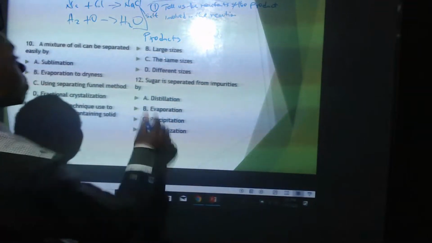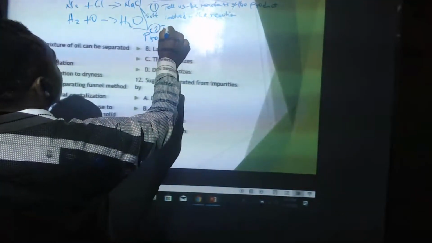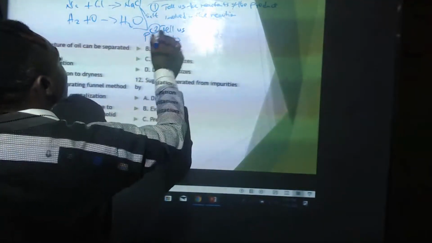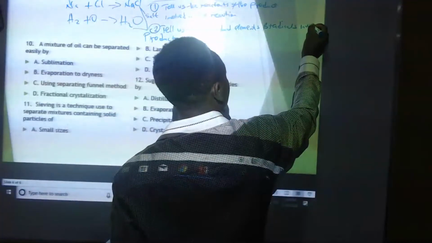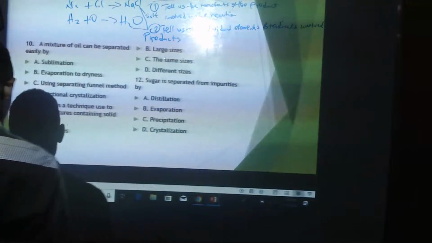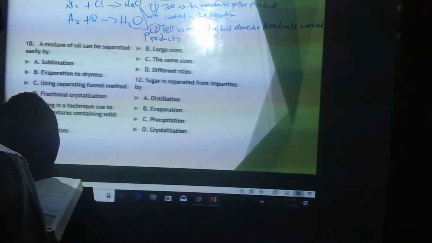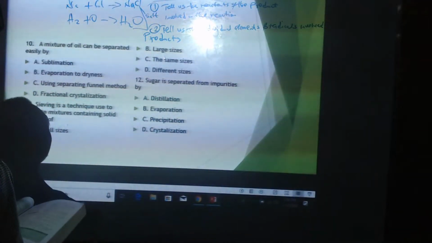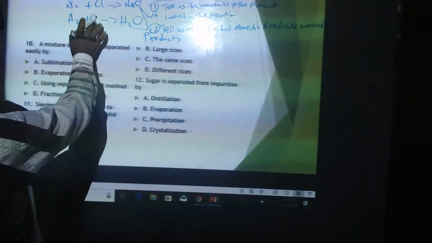Then the second importance is that it tells you the individual elements and radicals involved. Then I say it gives us a mental picture of the movement of the element radicals during reactions. It tells us how they move.